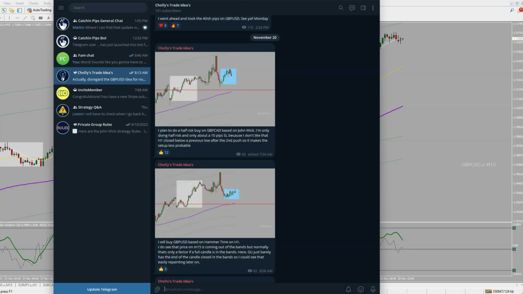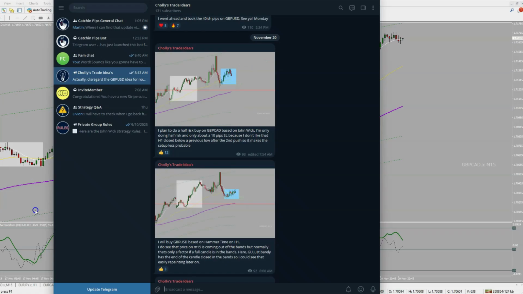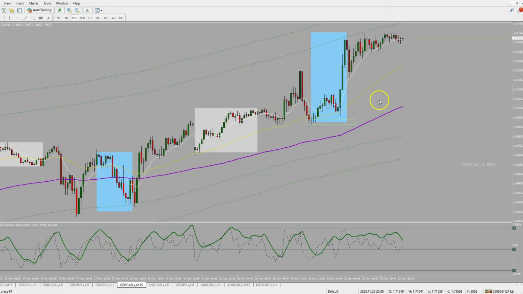I drew that box right there, saying if price comes within that box, I'm taking the buy. My stop loss was very close, like 10 pips or something. And it came within just 2 or 3 pips of my entry area, and it just didn't go quite that far. So I missed it waiting on it to come down to this box.